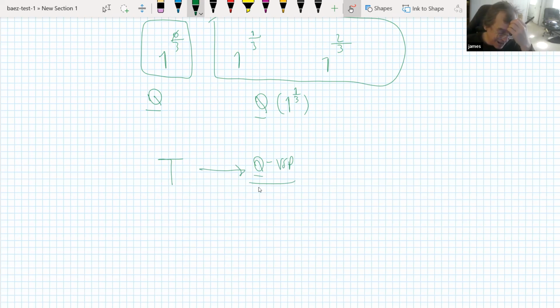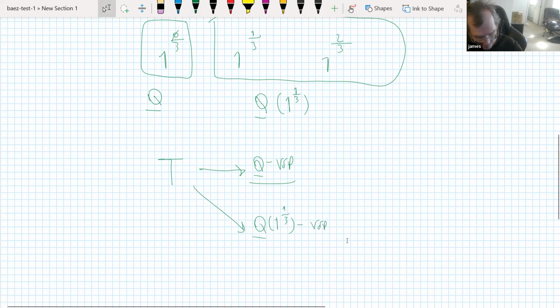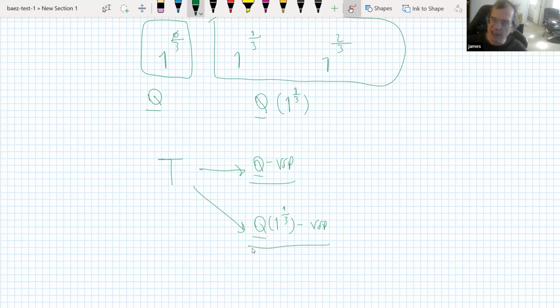Based on vague rumors about cubic reciprocity, I'm guessing that if we took models of this where the models were themselves over the Eisenstein integers, so vector spaces over the Eisenstein integers, then things would be a lot like the Z mod 2 case.